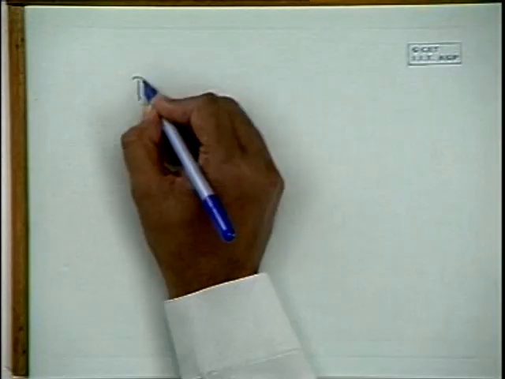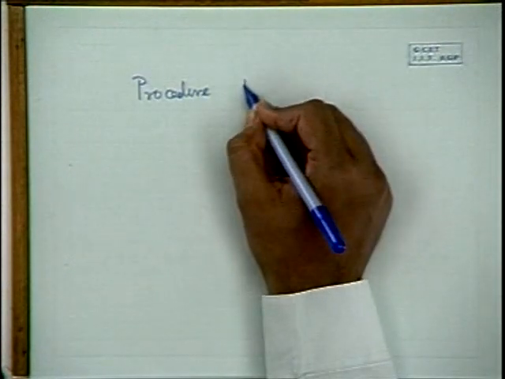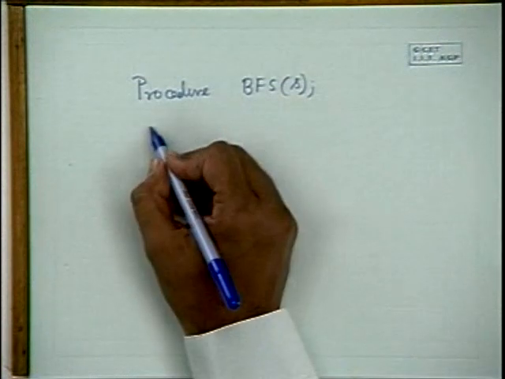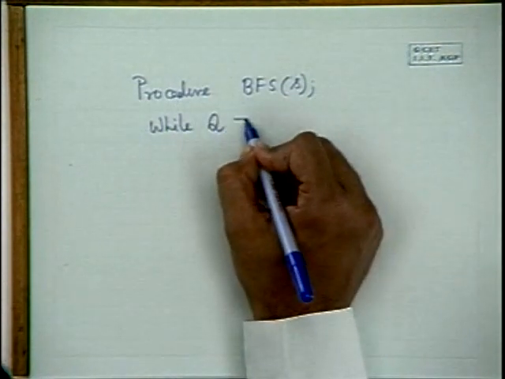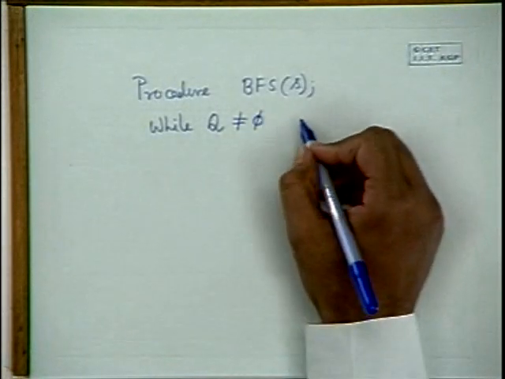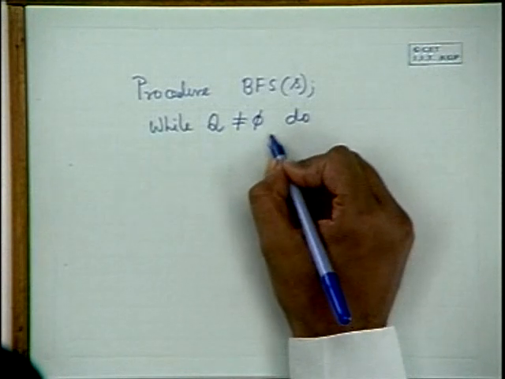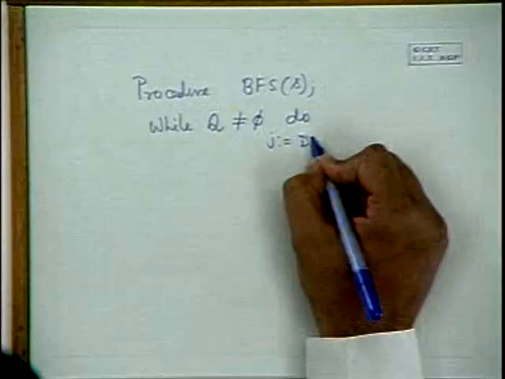So here I am going to write the procedure BFS. While Q is not empty, do j, you just take out one vertex from the front of the queue. So I am putting that one as DQ.